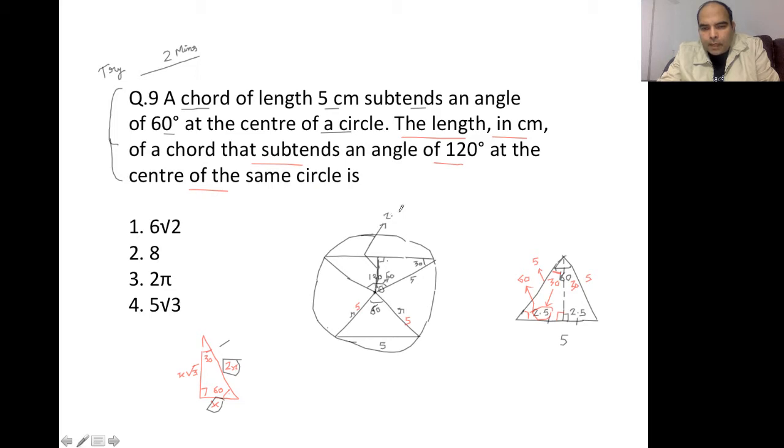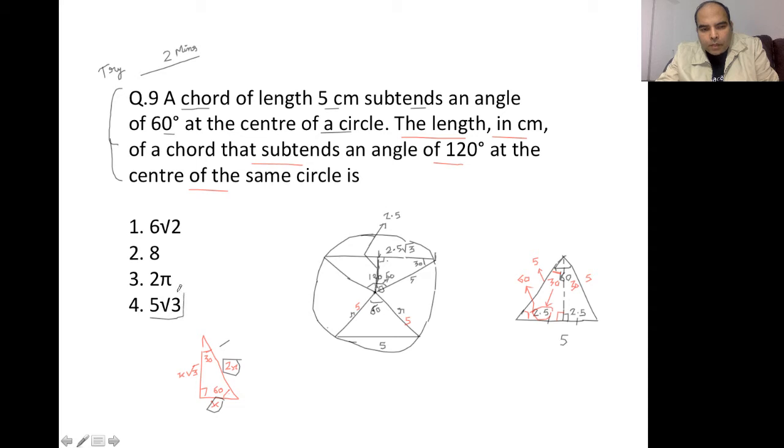And since this side is 2.5, half the length of this chord will be root 3 times 2.5. So half the length of the chord would be 2.5 root 3, and hence the total length of the chord would end up as 5 root 3.